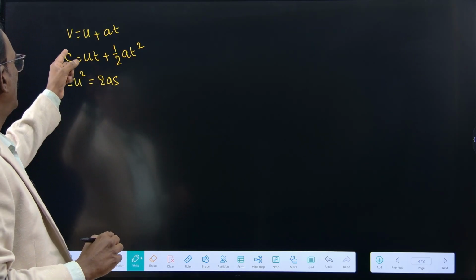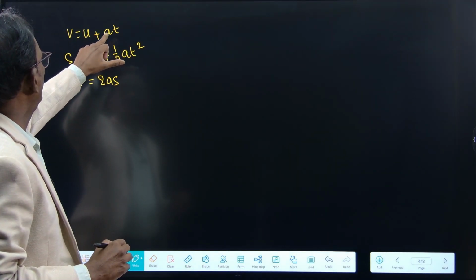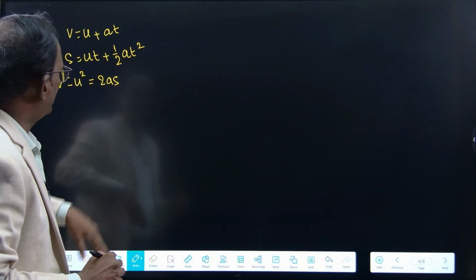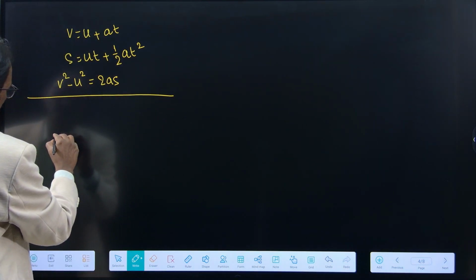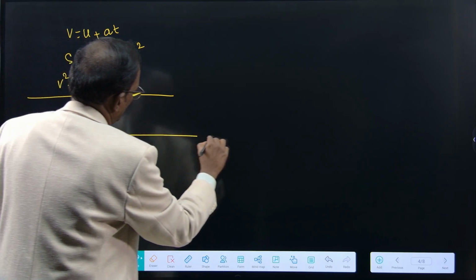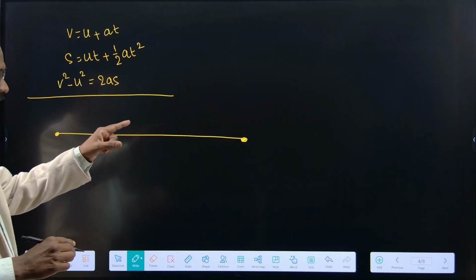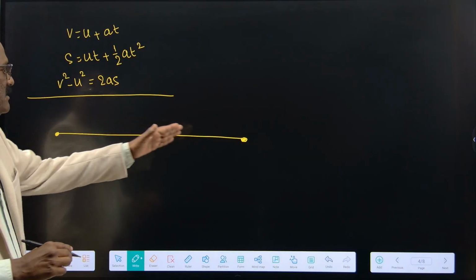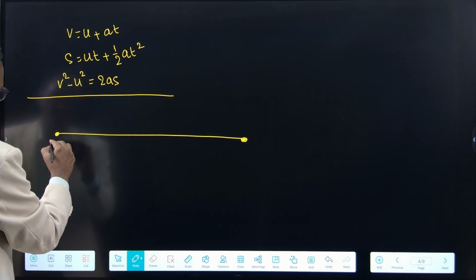First we will know the terms. V we know, what is u, a we know, t we know, s we know. Let me write what they are. This is the starting position, position A, and this is position B. Two positions. From here to this position, the object is moving.